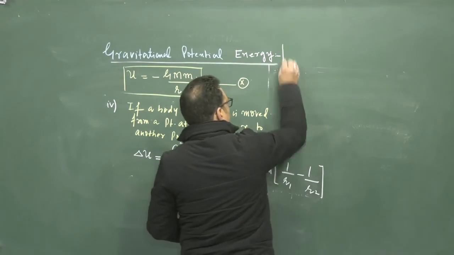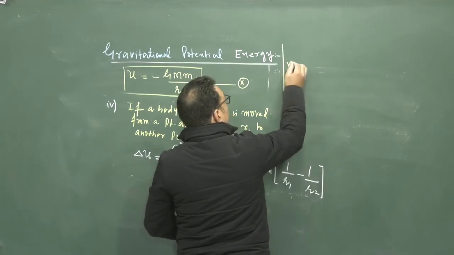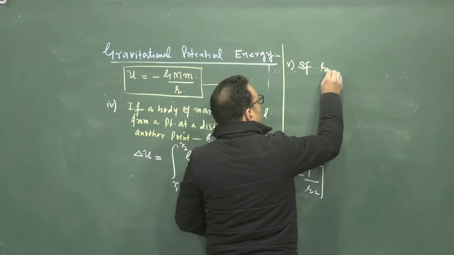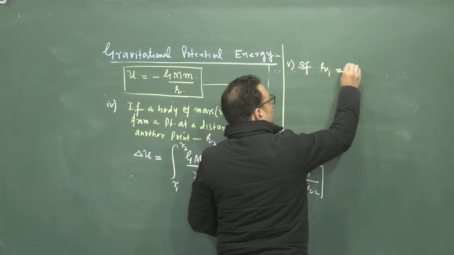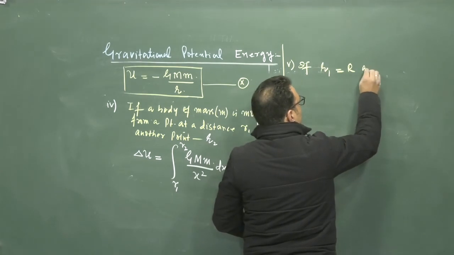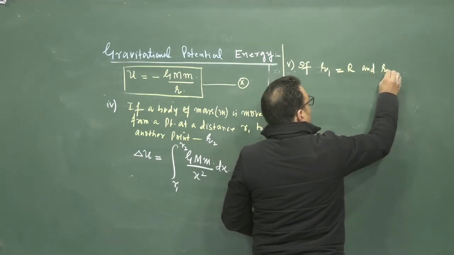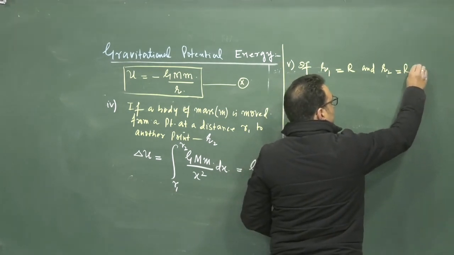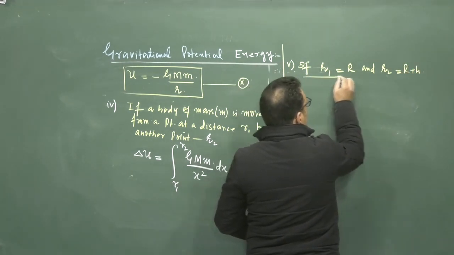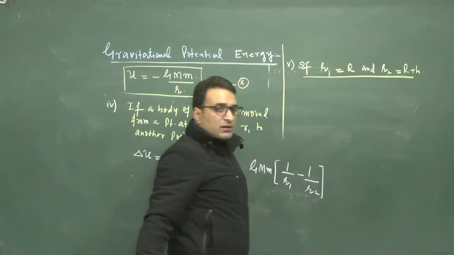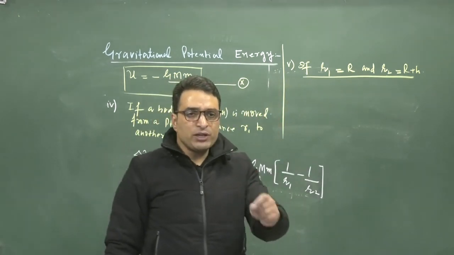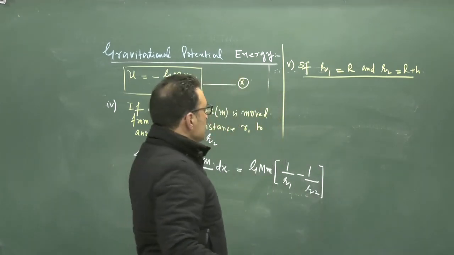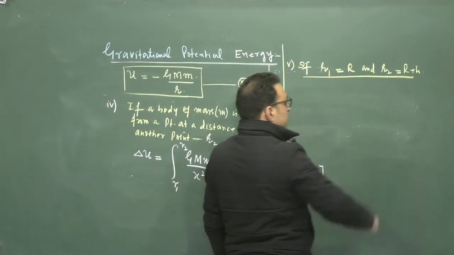Now, if R1 equals capital R and R2 is equal to R plus H. By this statement we mean if R1 equals R, that means initially the body is on the reference level, the body is on the Earth's surface, because capital R denotes the radius of Earth.